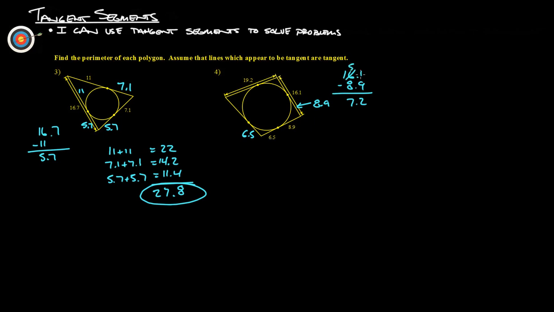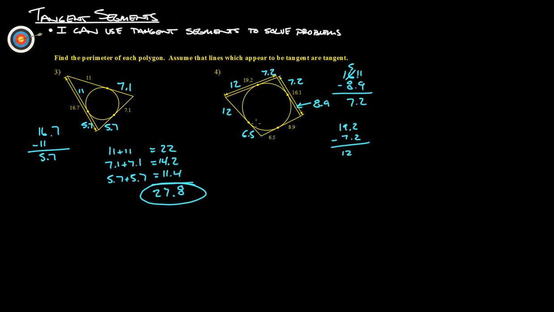So that's 7.2 right here. So that makes this 7.2 right here as well. And if this whole thing is 19.2 minus 7.2, that gives us that this part right here is 12, so this part right here has to also be 12.